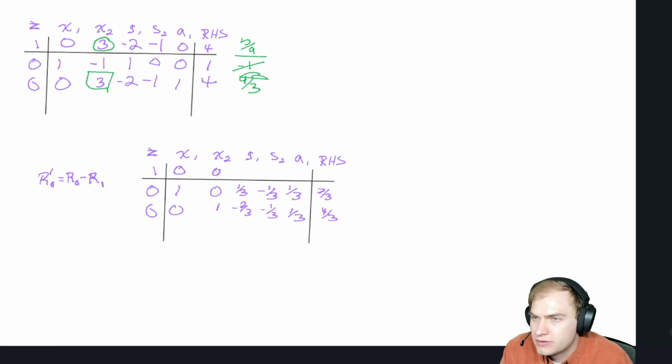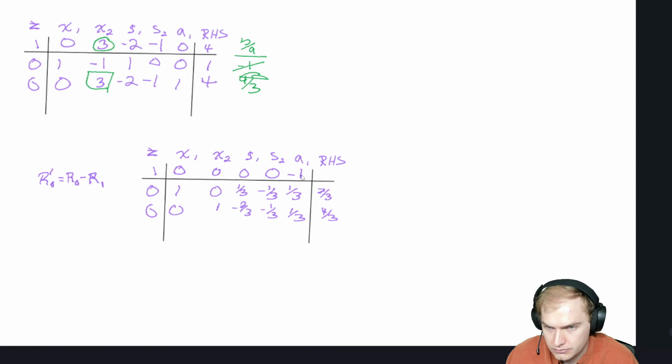So x2, 0. Negative 2 minus negative 2 is 0. Negative 1 minus 1... negative 1 is 0. 0 minus 1 is negative 1. Right-hand side, 4 minus 4 is 0.